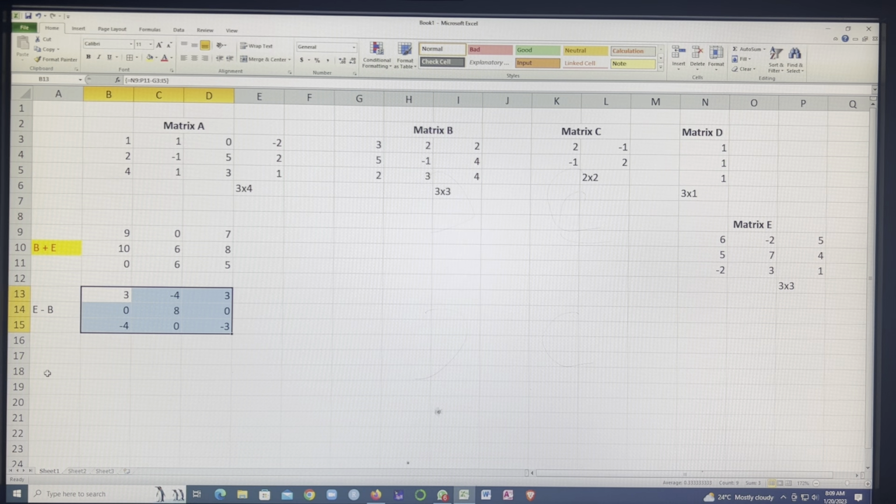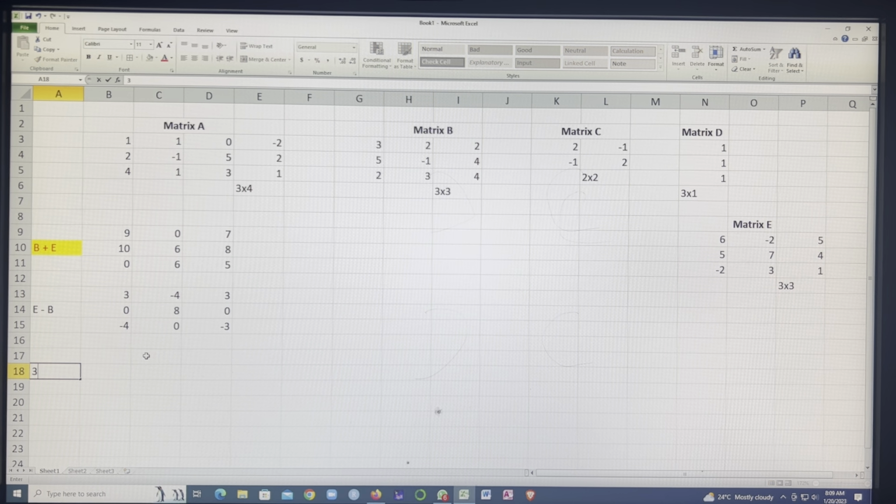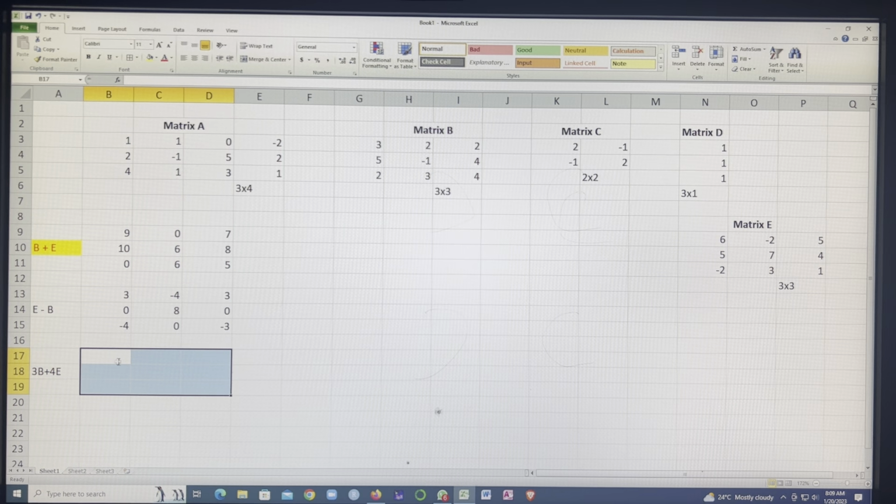Now what if I want to do this one? Let me say 3 times matrix B plus 4 times matrix E. So I want 3 times matrix B plus 4 times matrix E. Again, I highlight. Matrix B and matrix E will end in a 3 by 3 matrix. So I highlight a 3 by 3 position and write my equal sign.